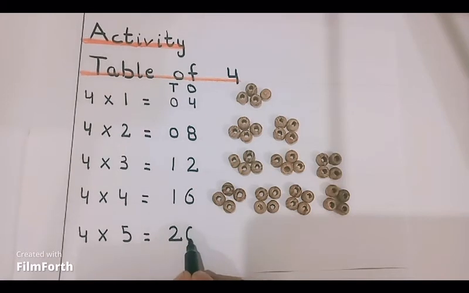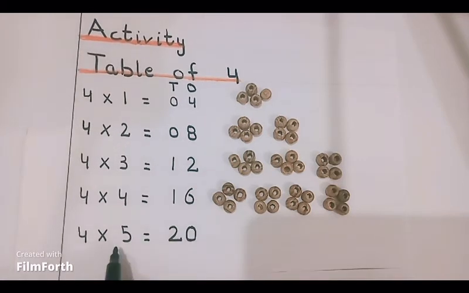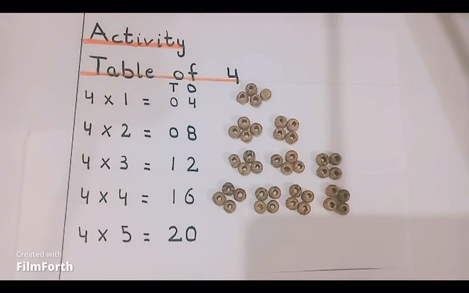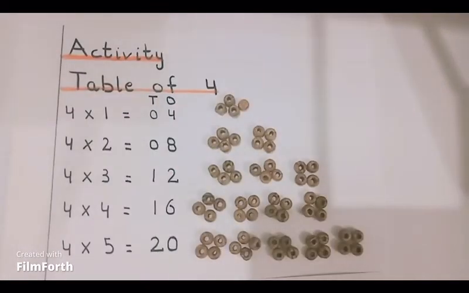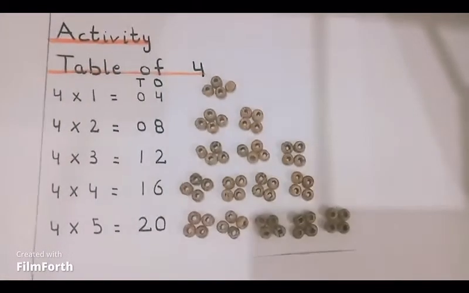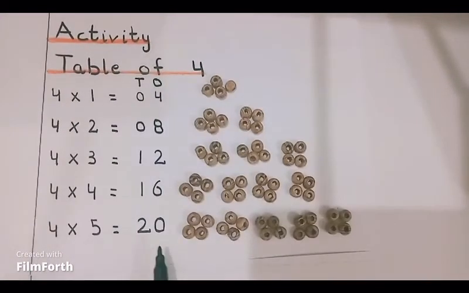We will have to make 5 sets of 4. Look at here students. 4 fives are 20. How many sets of 4 are here? 1, 2, 3, 4, 5. 5 sets of 4 are here.